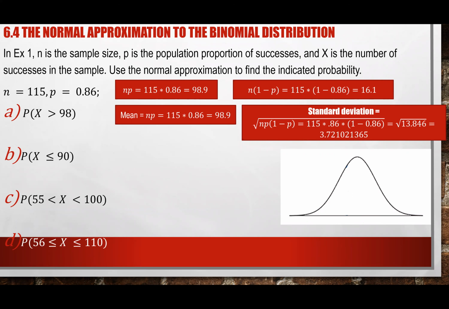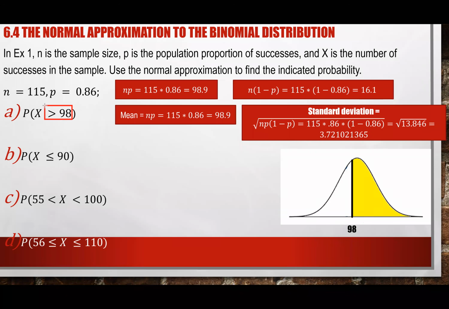So we know that 98 is somewhere here. We're looking for more than 98, right? My mean is 98.9, so 98.9 is somewhere here, and 98 is here. Basically, this is what we're looking for, because they ask us to find the probability that is bigger than 98.